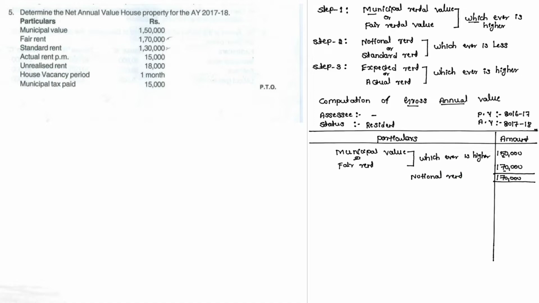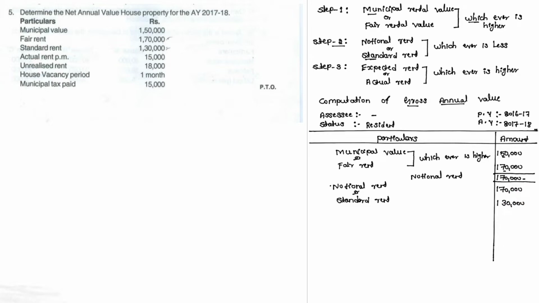So step number 2, notional rent or standard rent. Notional rent we know already, 1,70,000, and standard rent they gave in the problem, 1,30,000.